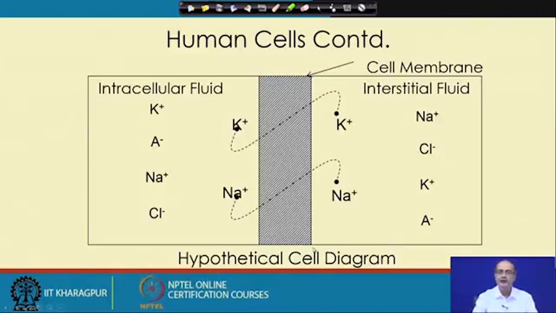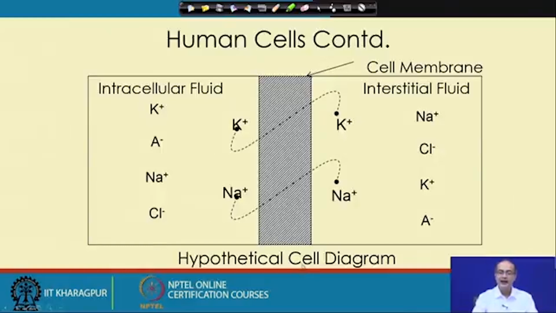The cell membrane, being semi permeable, allows the movement of potassium ions from the higher concentration to the lower concentration, that is to the outside, and sodium ions to go from outside to inside. However, the cell membrane is not actually impartial in this game. It has an important role, and we find that it is very much partial.